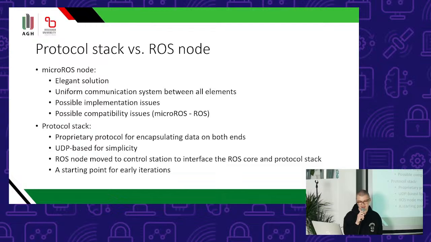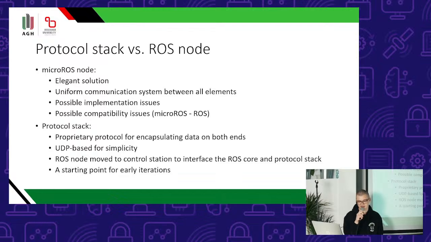But of course, in the next versions, we will need to integrate into this ROS ecosystem with other ROS nodes. So we need to have the ROS node anyway. But the idea is that we can just push the ROS node up to the control station and make the ROS node the translator between the ROS framework, the ROS topics, and our own protocol stack, because it should be easy to do.